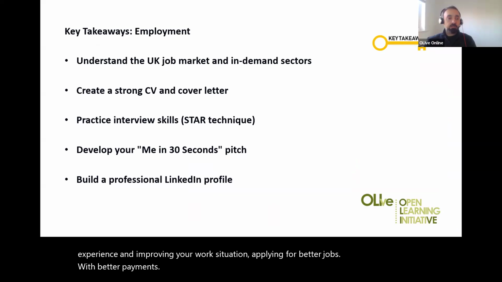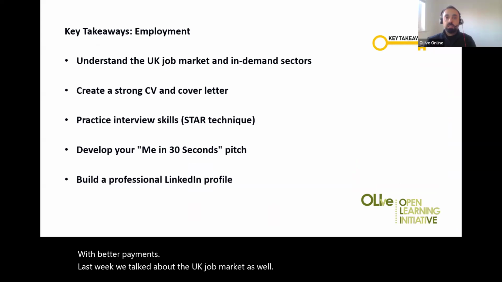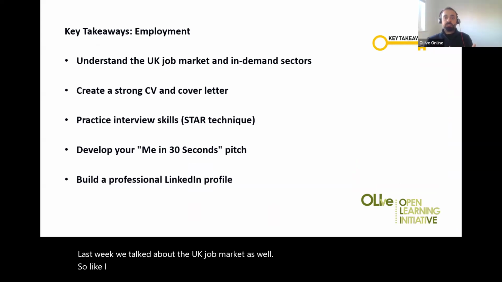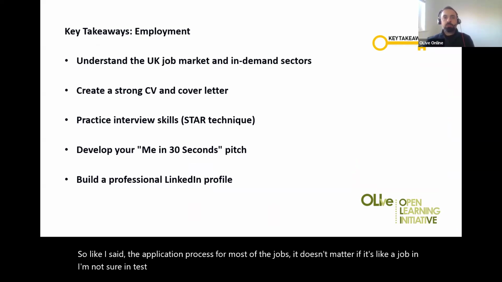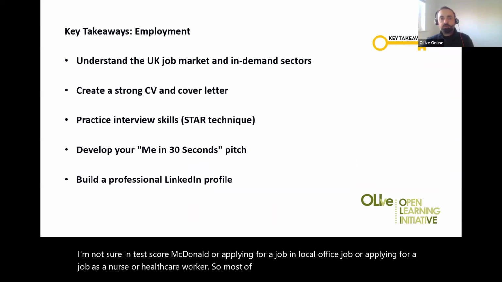Last week we talked about the UK job market as well. So like I said, the application process for most of the jobs, it doesn't matter if it's a job in Tesco or McDonald's, or an office job, or a job as a nurse or healthcare worker, most of the time the application process has three main steps.